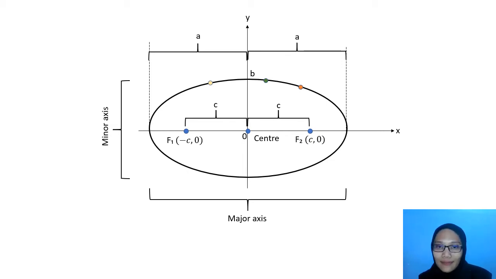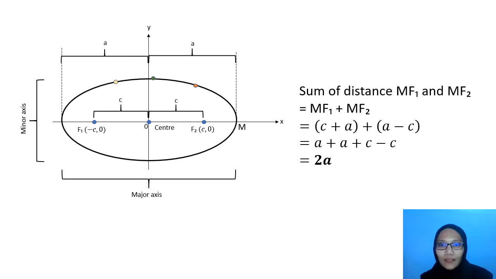We also can see that the distance from the center to the focus point F2 is c. From this, the value of a is always greater than b. So next, how do we get the constant sum? First, we take one point, M, at the vertex of the ellipse.